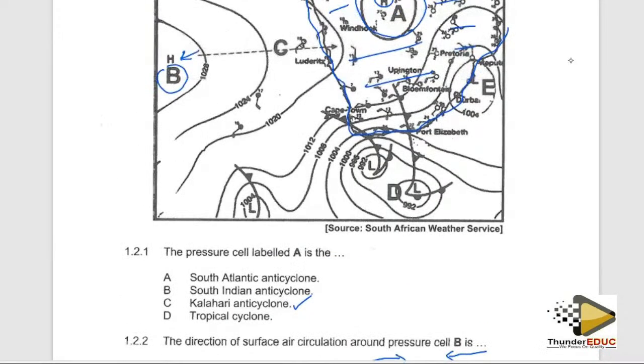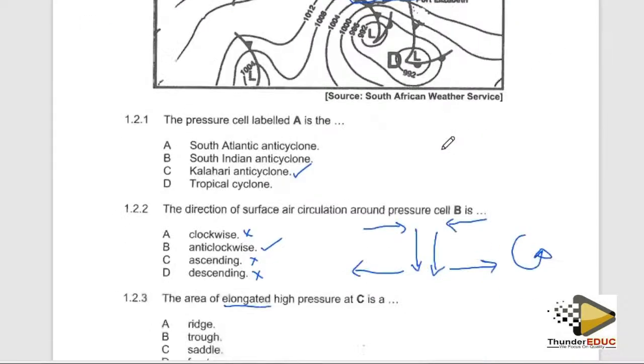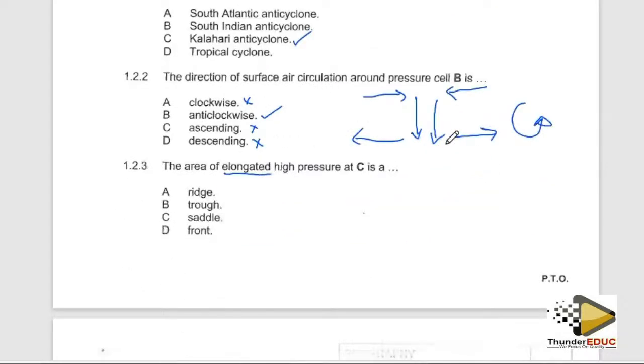This is our high pressure cell, like we know. This is the South Atlantic high pressure cell. So you can see the isobars are ridging, or they are stretching, or they are extending towards the land, and that is referred to as a ridge, which makes option A the correct one.